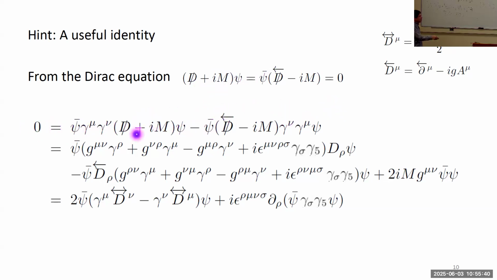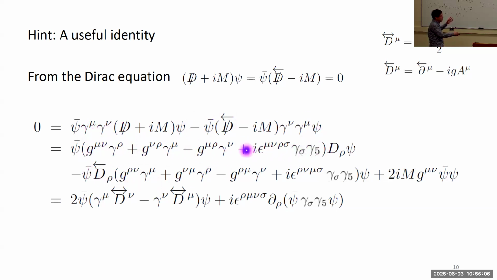You consider this particular product of bilinears, and the first term is 0 because of the Dirac equation. The second term is 0 because of the Dirac equation. But in any case, I take these linear combinations, and then I do some tricks, manipulating this gamma matrix product. So you have a product of 3 gamma matrices. It's the same formula that I showed you yesterday.